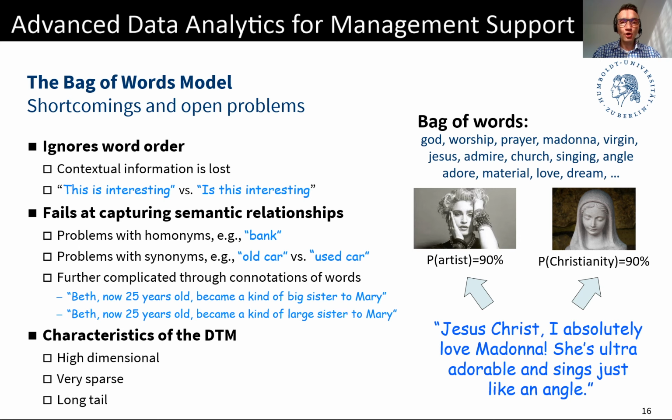Since in a single document only a few words will be used, relative to the size of the vocabulary, the matrix is also very sparse. And the distribution of counts, whether these are TF scores or TF-IDF scores, typically has a very long tail, which can also often impede analysis with some machine learning algorithms.